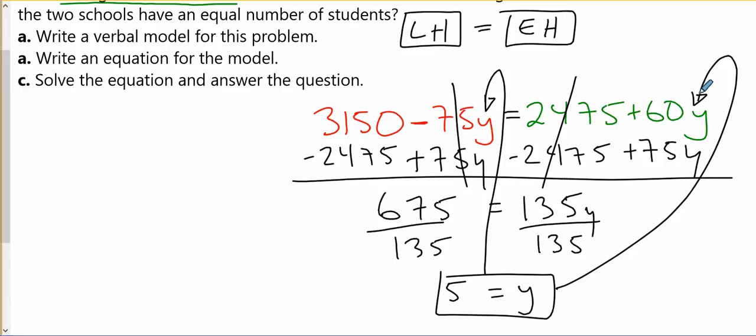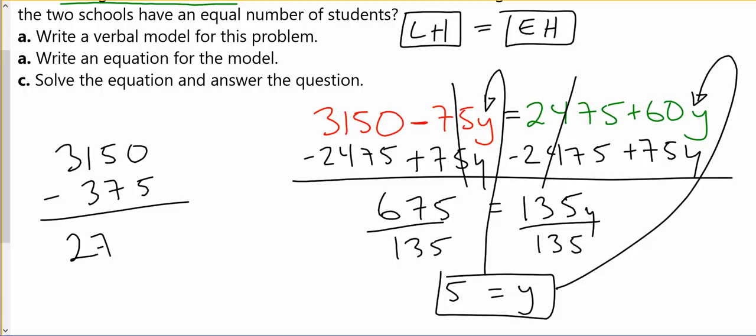What's 75 times 5? 75 times 5 is 375, so 3,150 minus 375 is 2,775. So after those 5 years, both schools should have 2,775 students.